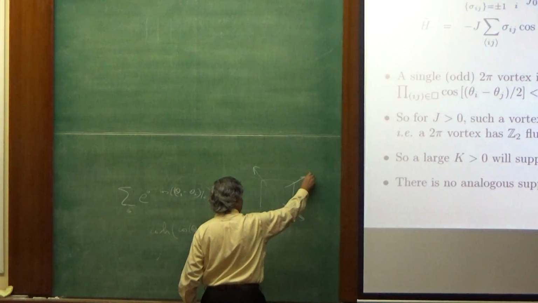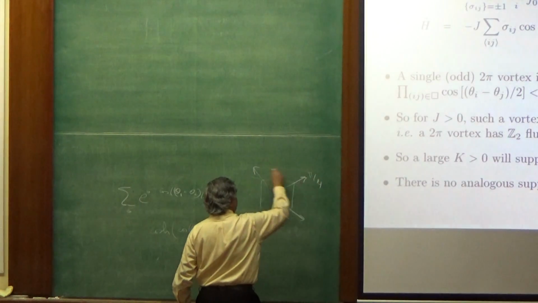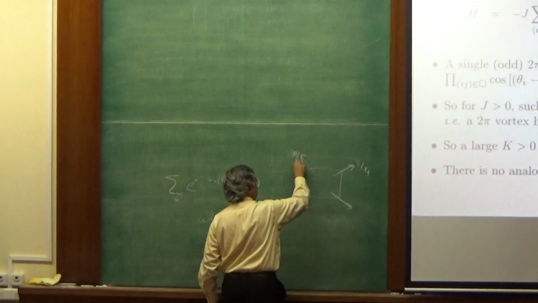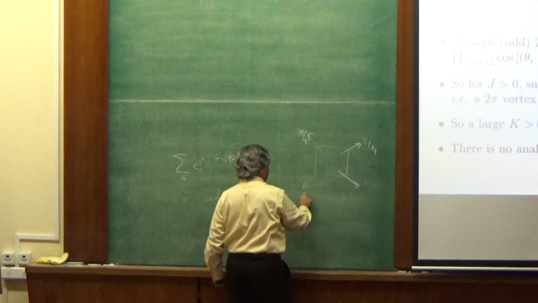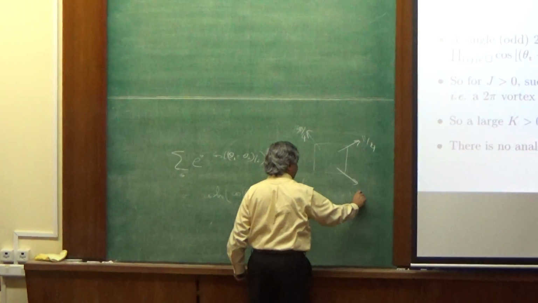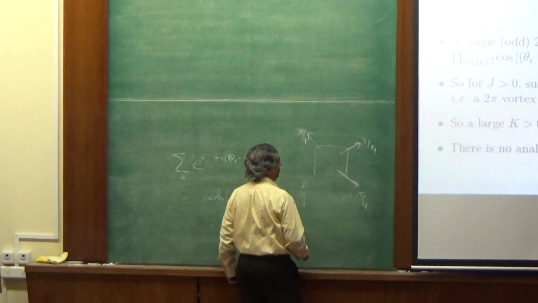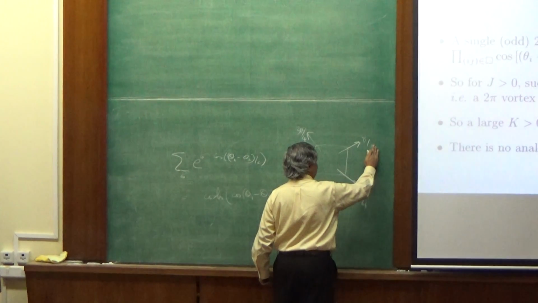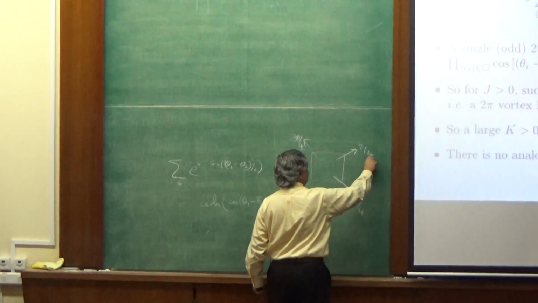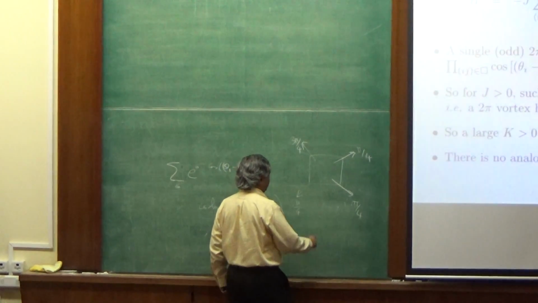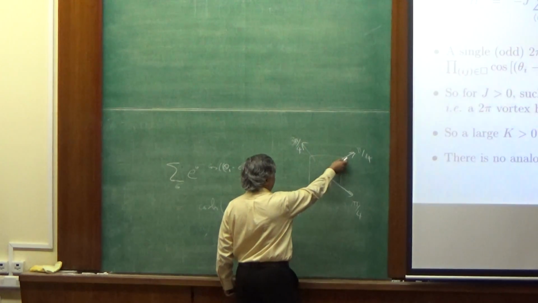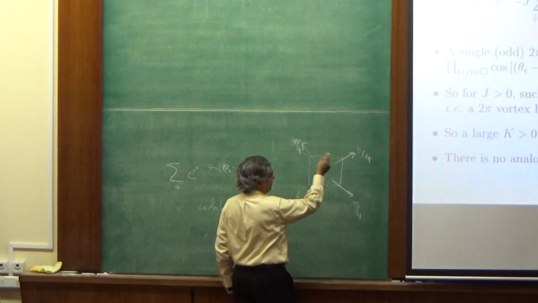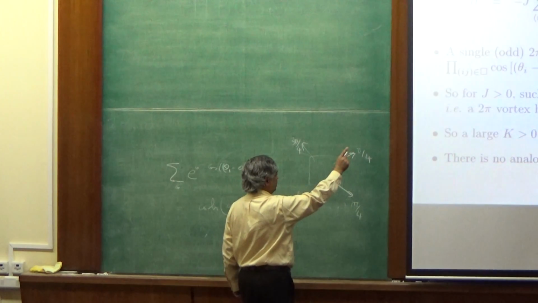So if I call this pi by 4, 3 pi by 4, 5 pi by 4, and 7 pi by 4, then if I take the difference of these two and take half the angle, I get some small angle, so the cosine is +1.